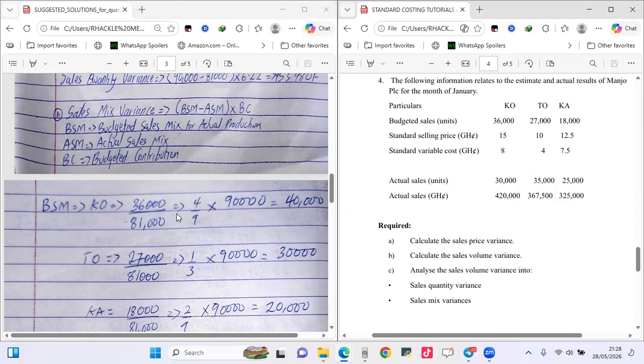When I said if you were given it in the form of a ratio, we are going to do the same thing. So you can just do 36,000 divided by 81,000 for KO, times the 90,000. We are going to get 40,000. So you can see it's like this.